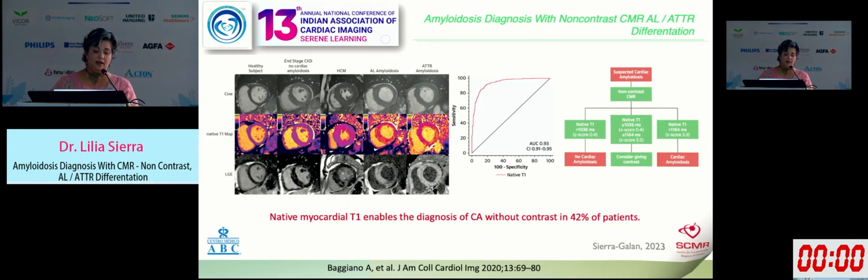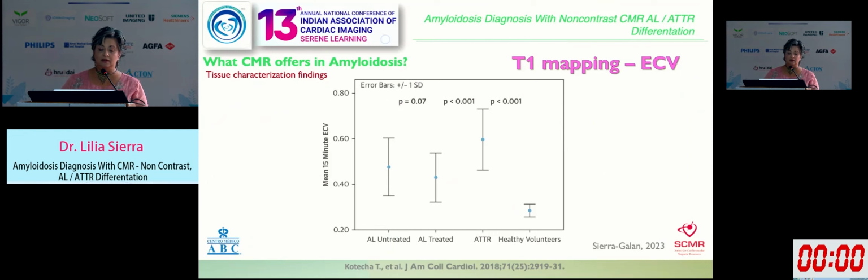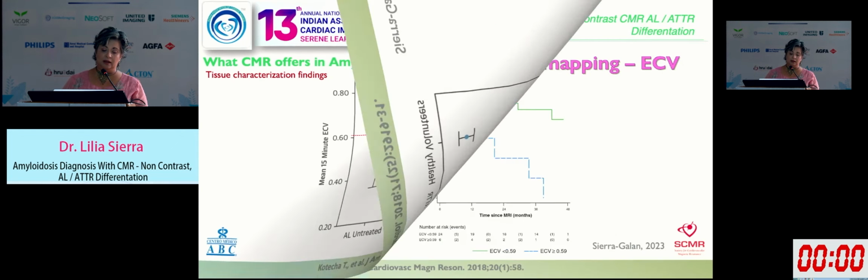Even if we have a good performance, in this paper from about 2020, it seems that it would be a very good differentiation, with a very good diagnostic accuracy in 42% of patients. That's not always true, okay? In terms of the extracellular volume, we can see that it is usually higher in the ATTR compared to the AL.